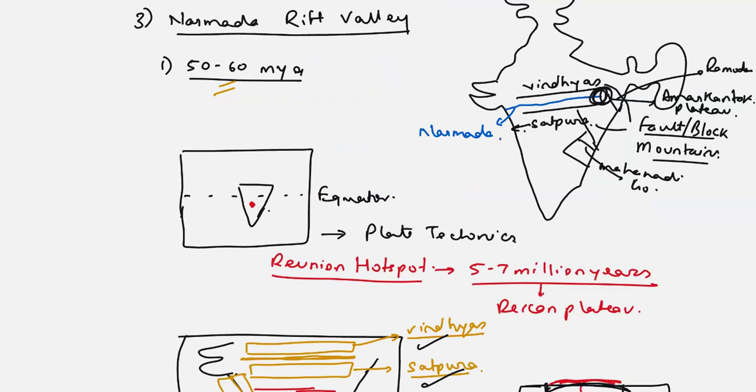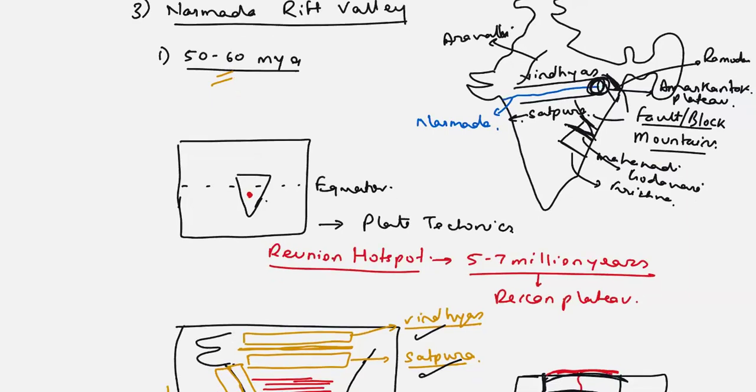Then we have here Aravali Rift. So in this way we can understand the various rift valleys which are present in India. But yes, various rivers are flowing. For example, Mahanadi River is flowing from this region. Godavari River, Krishna River are flowing from this part. This Damodar River is flowing from here. So here we can see that there are various rivers and various rift valleys present in India.